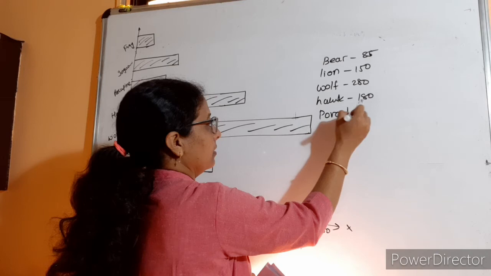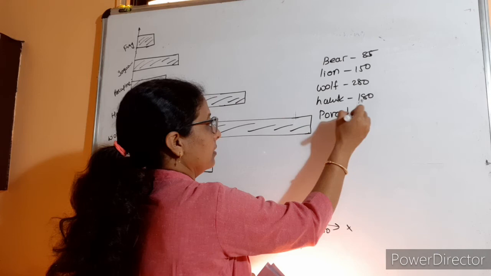Then the lion gets 150. Then the wolf gets more than 275 votes.